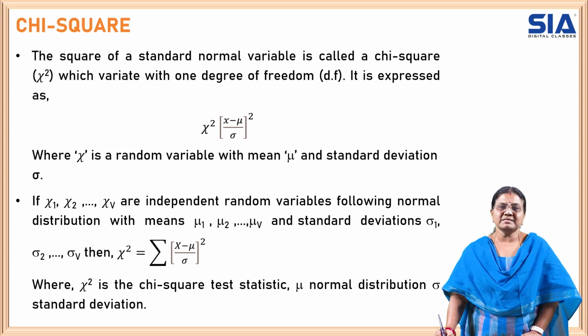It is expressed as, you can see, chi-square equals x minus mu divided by standard deviation, whole square.